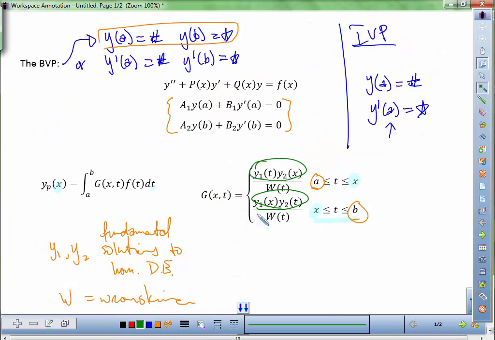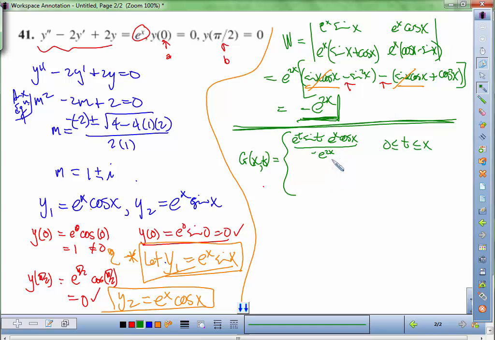The second part of Green's function takes y1 evaluated at x, and y2 now at t. And the Wronskian's all at t, because they need to be part of the integral, which is wrong here. It should be e to the 2t. So the second piece takes y1 evaluated at x, so that's e to the x sine x, and y2 evaluated at t, e to the t cosine t, divided by the same Wronskian, e to the 2t.